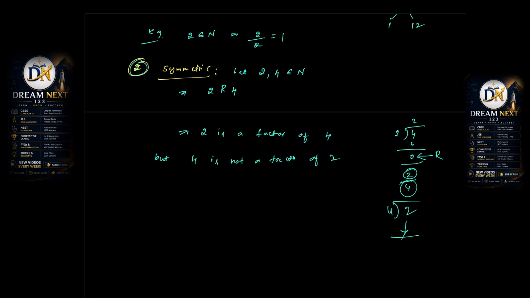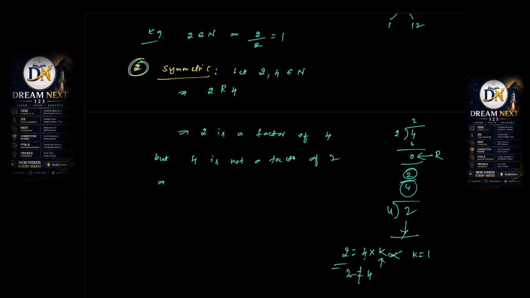We cannot express 2 as 4 into some natural number k. Tell me any natural number that, if you multiply with 4, we get 2. Suppose I take the natural number k equal to 1. 1 is a natural number. If I substitute here, 4 into 1 is 4. 2 does not equal 4. This condition is not satisfied. That means 4 is not a factor of 2.